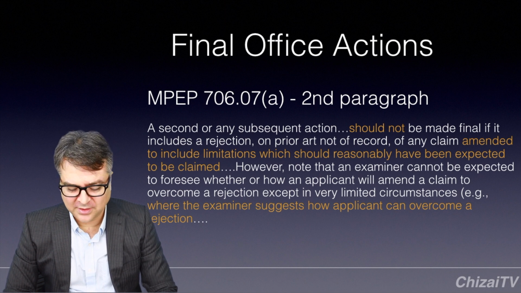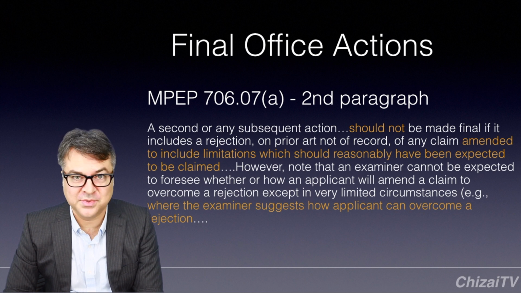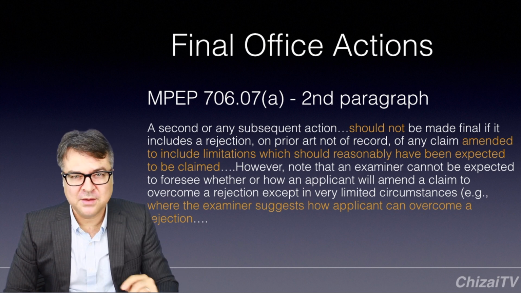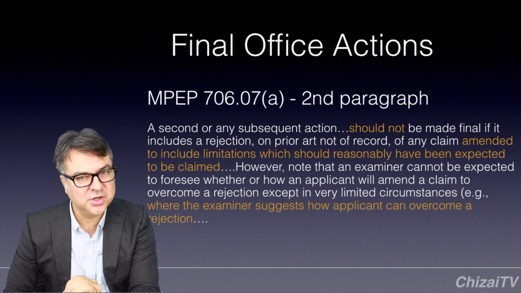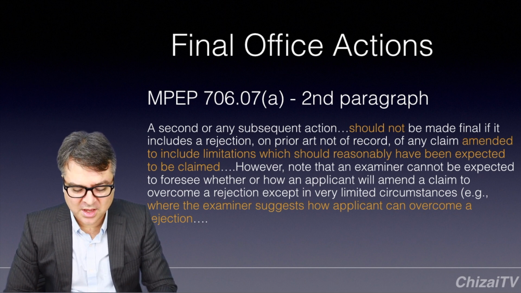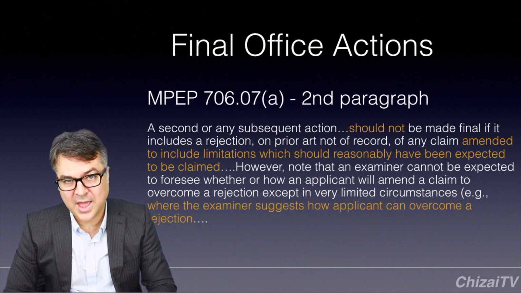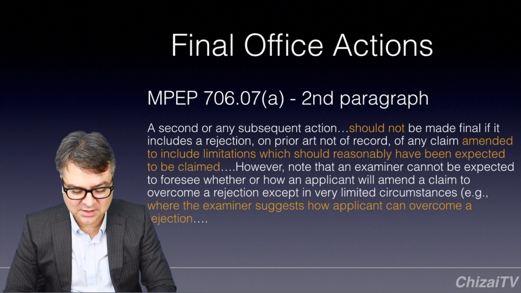It's not proper to make an office action final in this situation, but it's possible. Just keep in mind the difference between should not, must not, or may not. Should not means it's not proper, but it could happen. You could get a final office action in these situations.